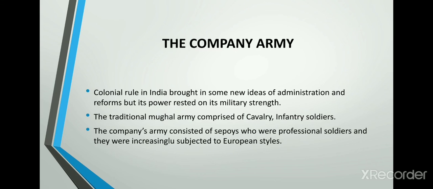The company's army consisted of sepoys who were professional soldiers, and they were increasingly subjected to European styles. Basically, they were Indian sepoys, but the British rulers forced them to follow European styles to strengthen their army.